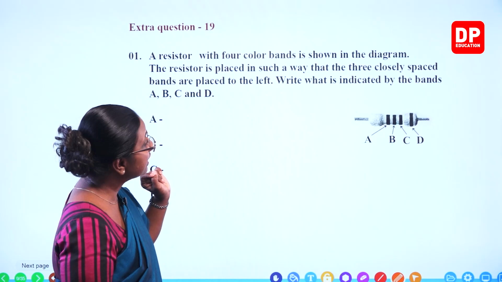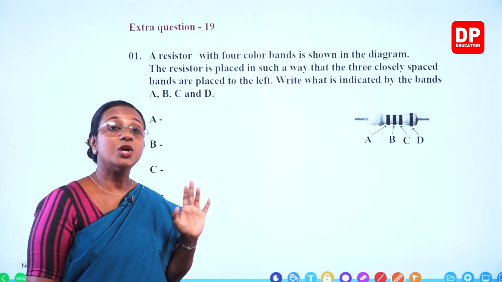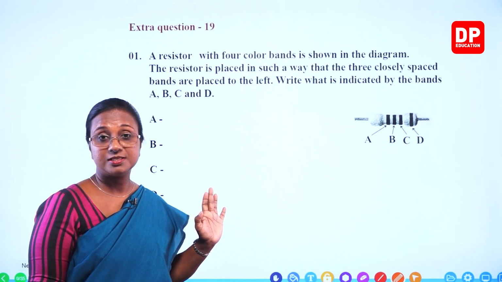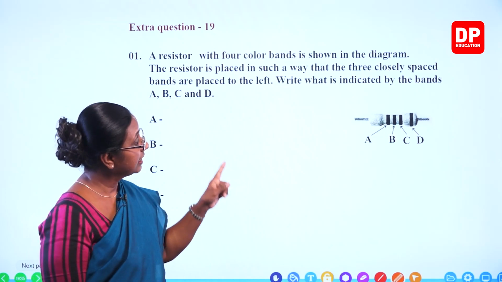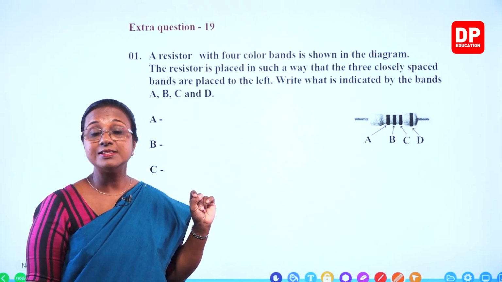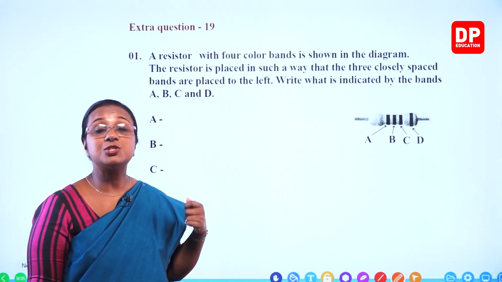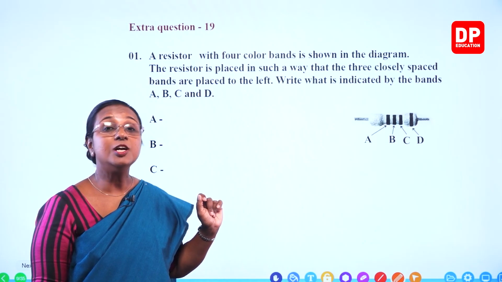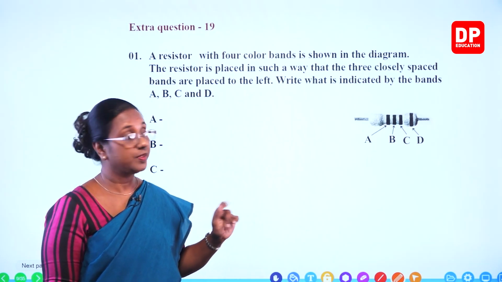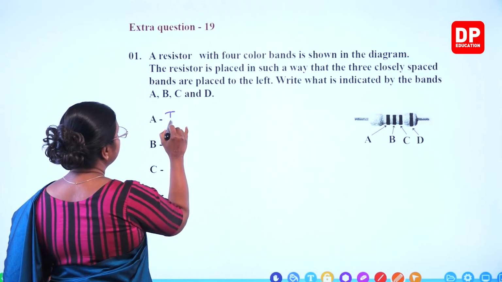Write what is indicated by the bands A, B, C and D. You can remember that, students. What is band A? The tens place. Then band B, ones place. Then band C is the index, the power of 10. And band D is the tolerance value. So those are the different bands. Band A, tens place.